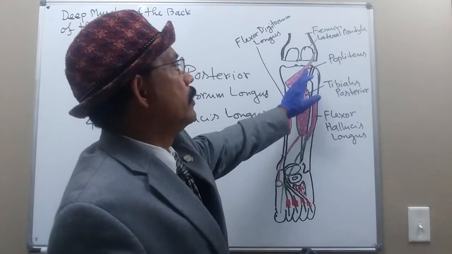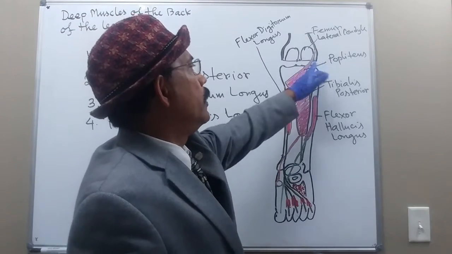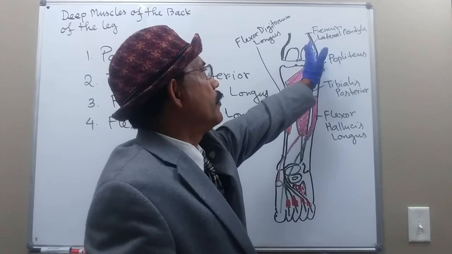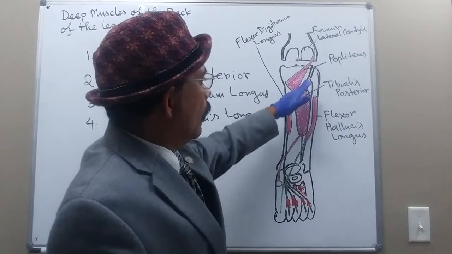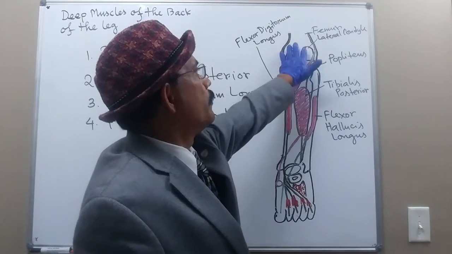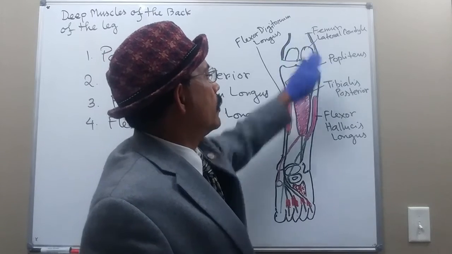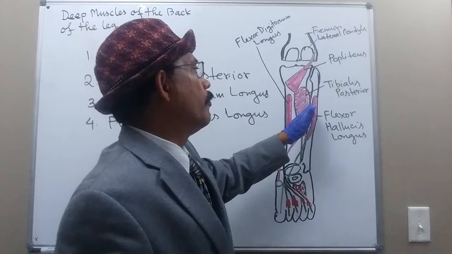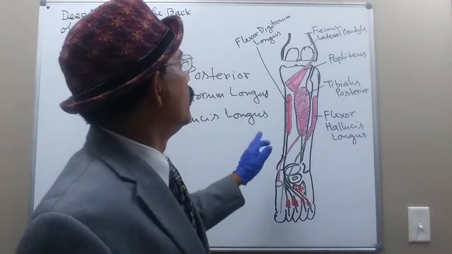The Popliteus muscle is at the top here, and it takes origin from the lateral aspect of the lateral condyle of the femur. Other muscles do not take origin from the femur. These are from the tibia or fibula, or both.